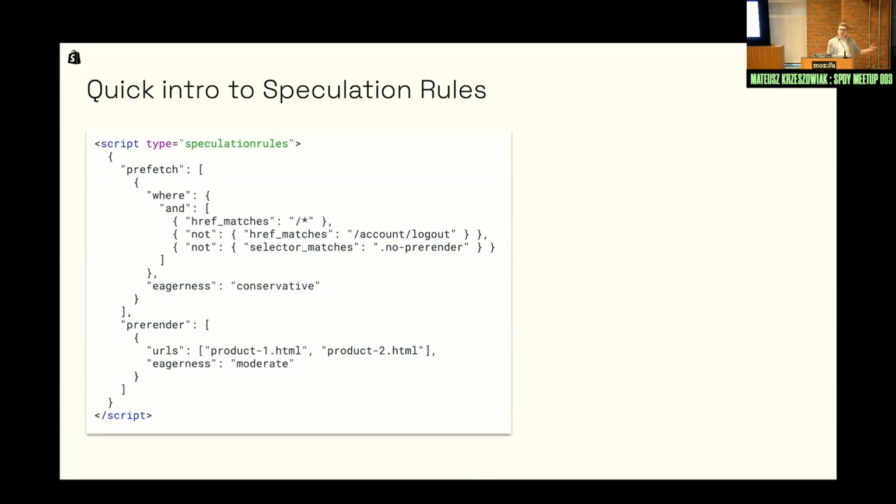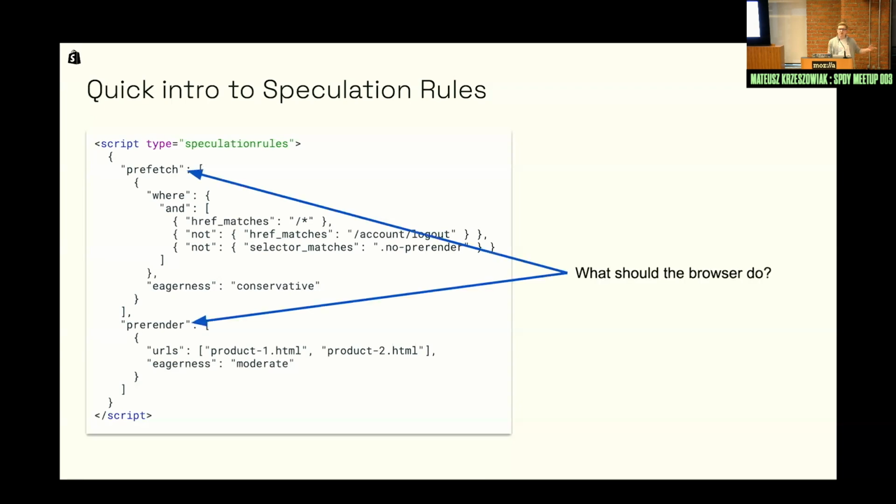But anyway, it's a JSON file, and in this JSON file you have a few things. So first of all, you can tell the browser what it should do. And here we have two options. We have either a prefetch, and we'll talk about what they exactly mean in a second, or we have a pre-render.